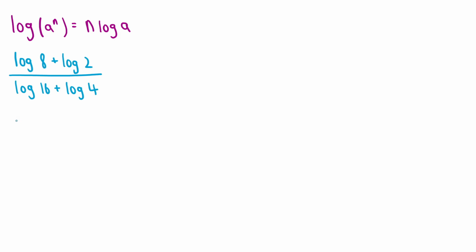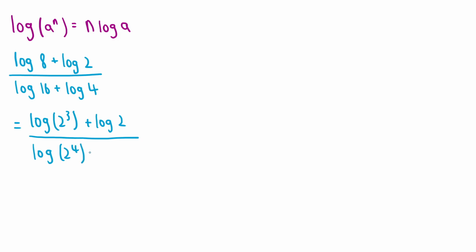So we can rewrite the numerator as log of 2 to the power of 3. Since 8 is equal to 2 to the power of 3, the log 2 can stay the same. And then for the denominator, log of 16 can be rewritten as log of 2 to the power of 4. And log 4 can be rewritten as log of 2 squared.